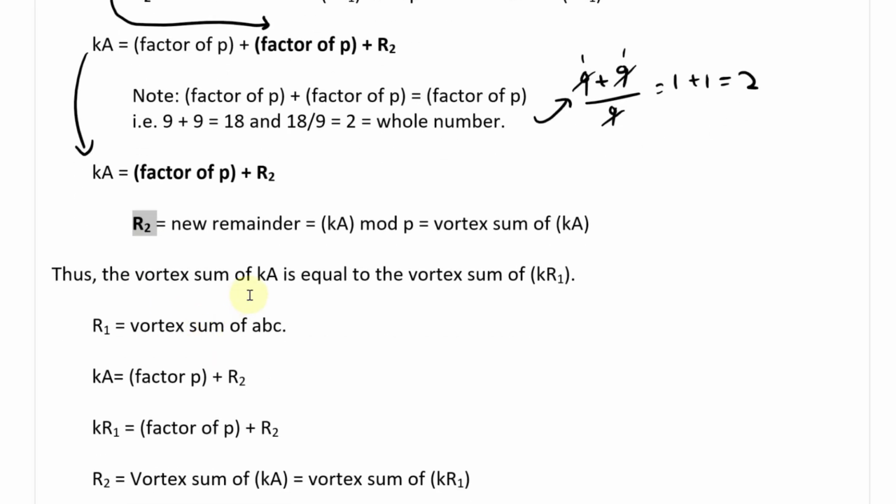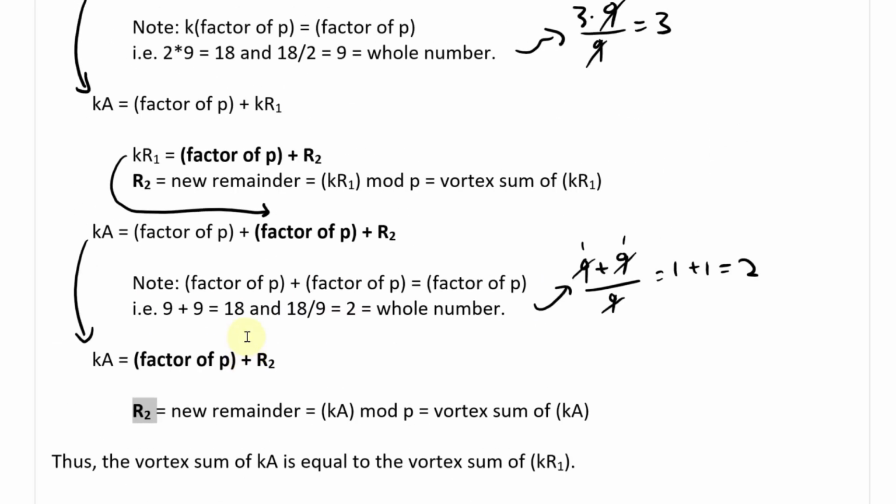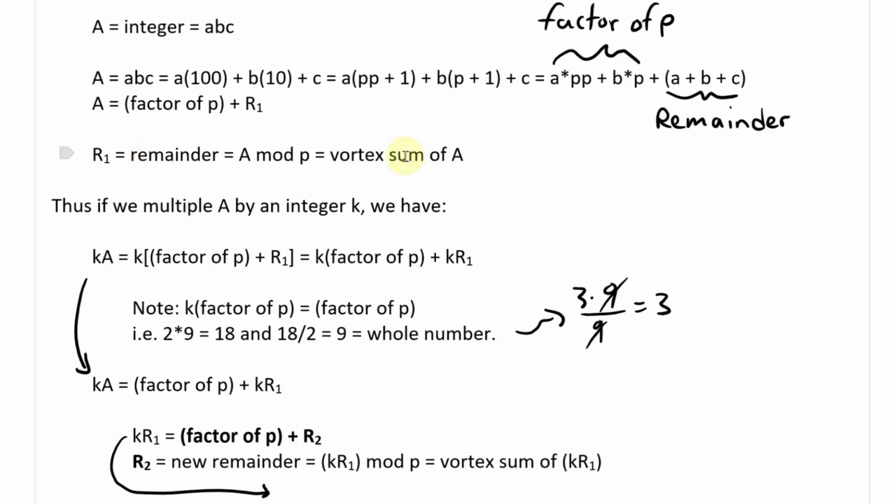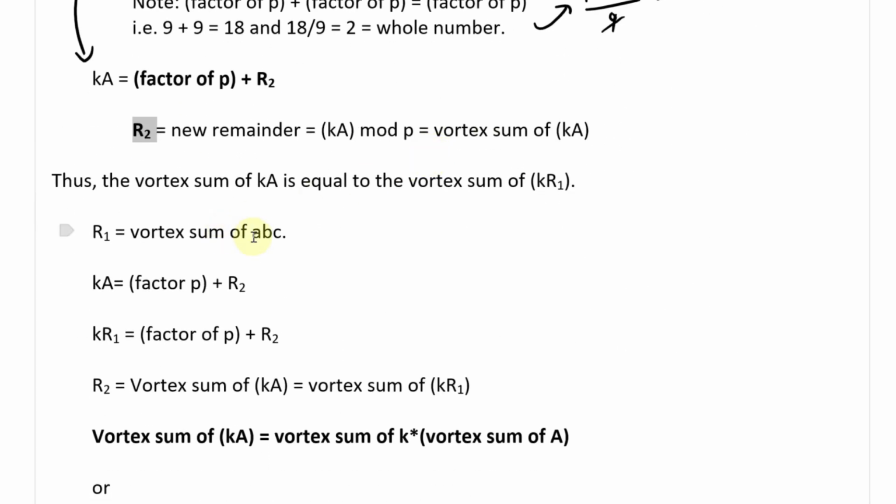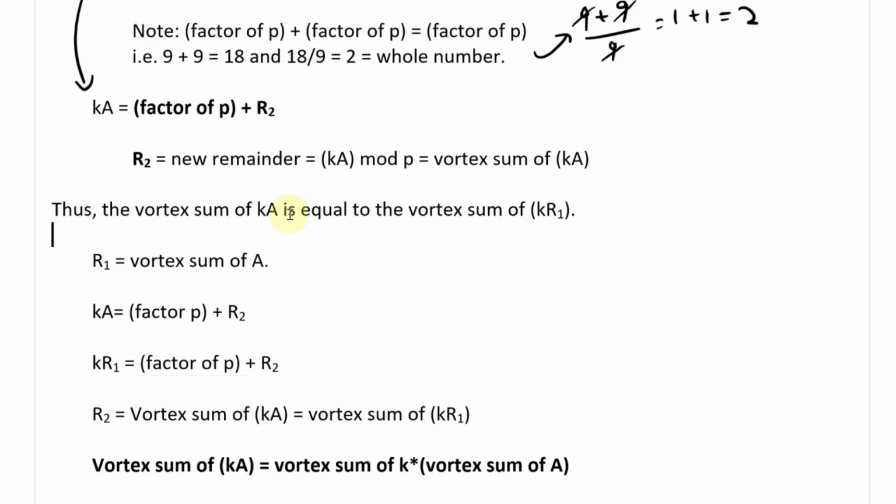So thus, the vortex sum of ka is equal to the vortex sum of kr1. And we know that r1 is just equal to the remainder, which equals the vortex sum of a. And k times a equals a factor of p plus r2, and kr1 equals a factor of p plus r2, that's what we solved over here.